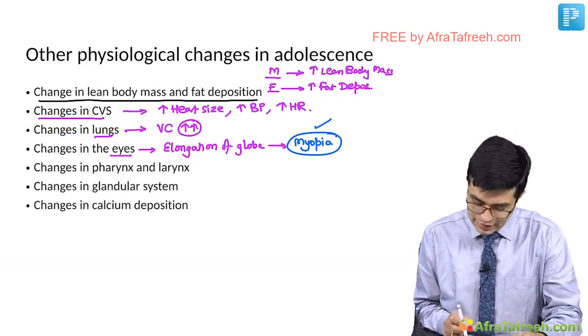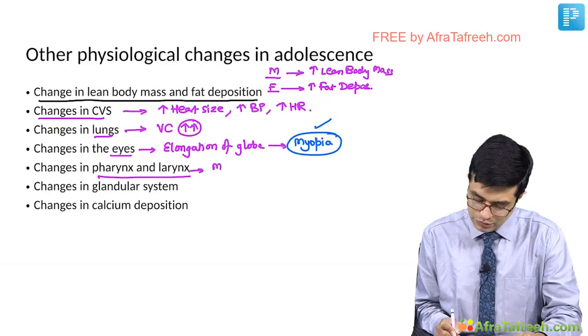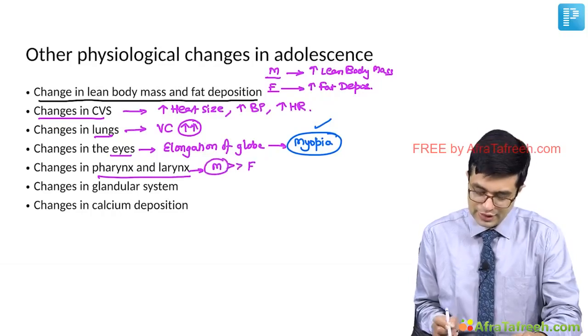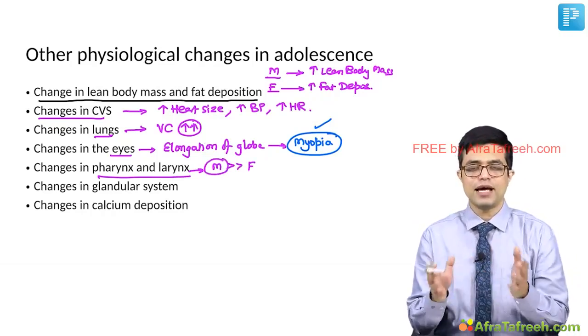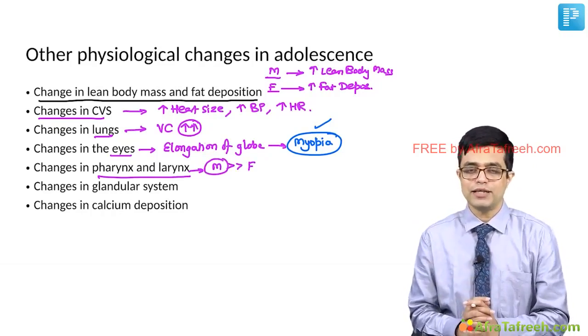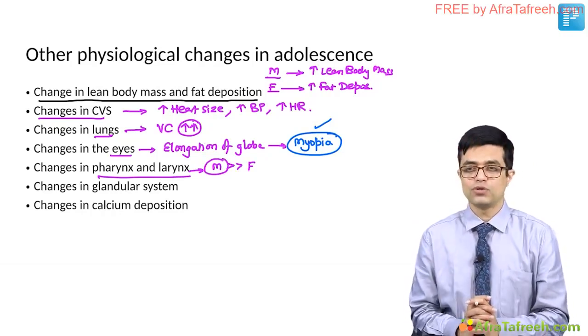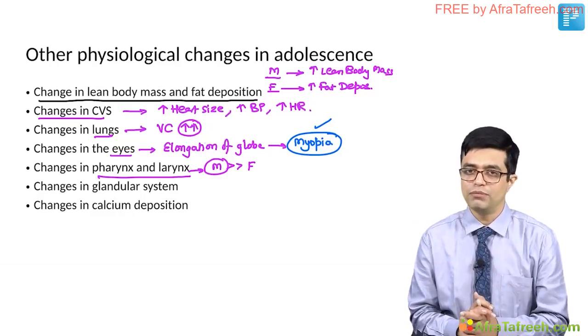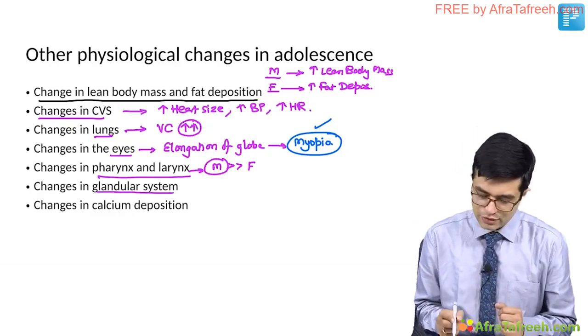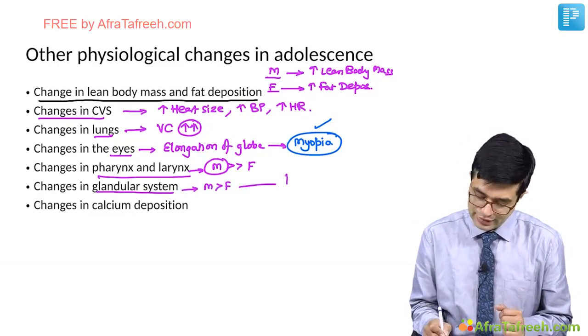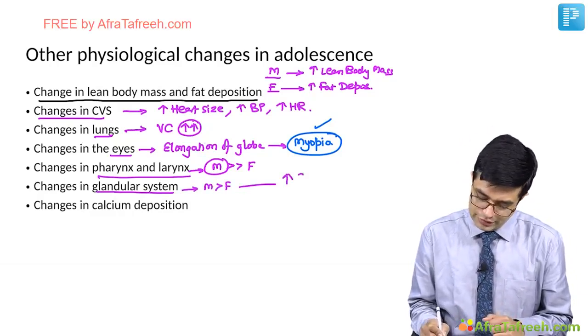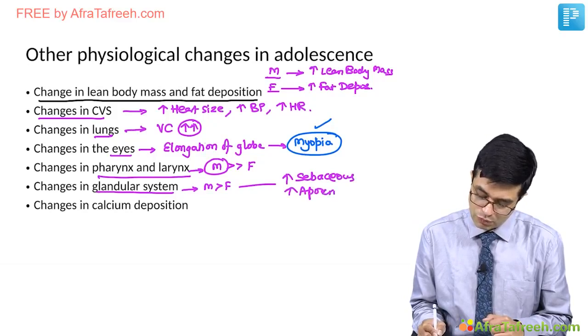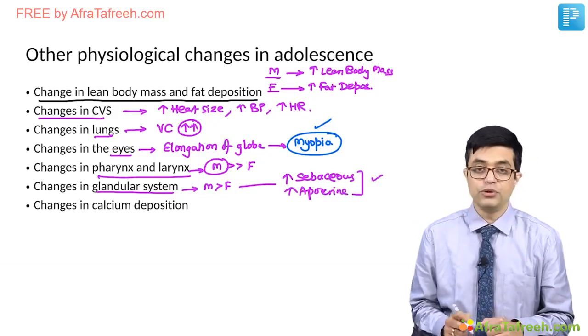Then changes in the pharynx and larynx, they are much more in case of males as compared to females. There is elongation of pharynx, larynx and the supporting ligaments, and so there is hoarseness of the voice, the so-called voice cracking which tends to develop in males. Changes in the glandular system, again it is more prominent in case of males as compared to females. There is increased secretion of sebaceous glands and apocrine glands. So problems of body odor may appear during this time.